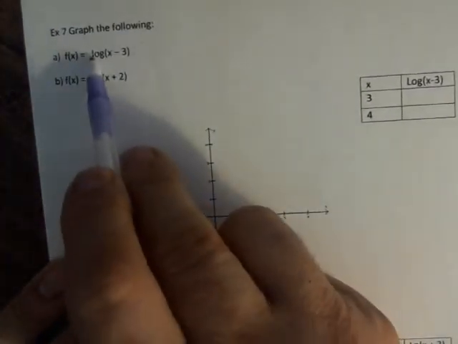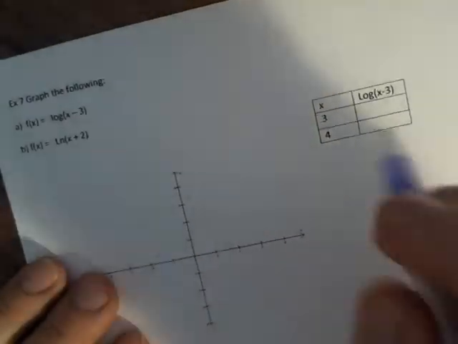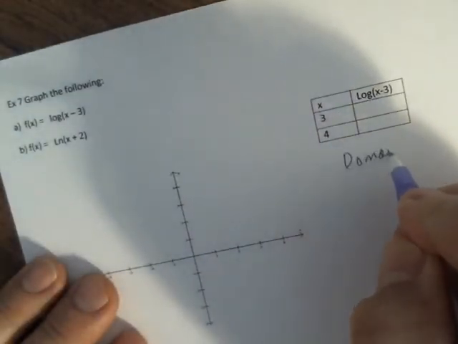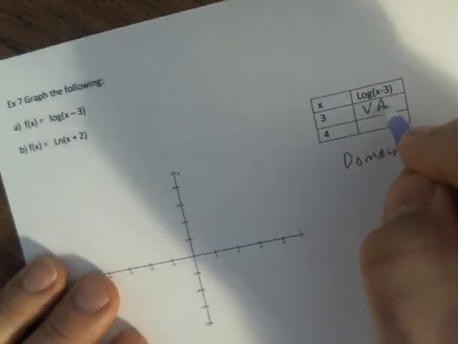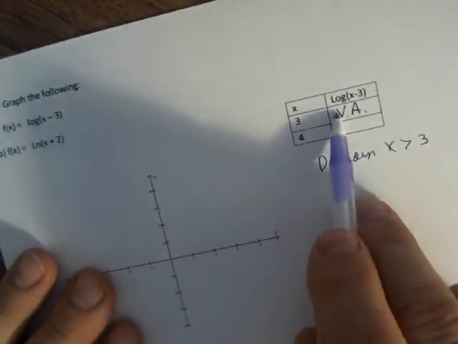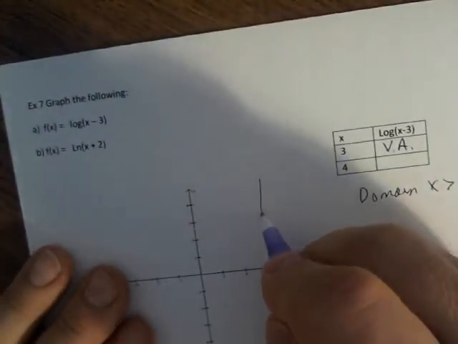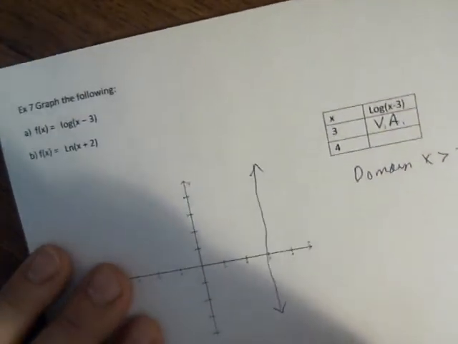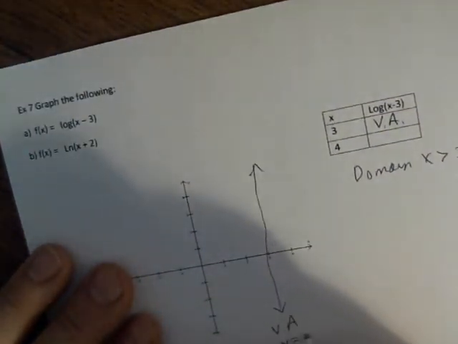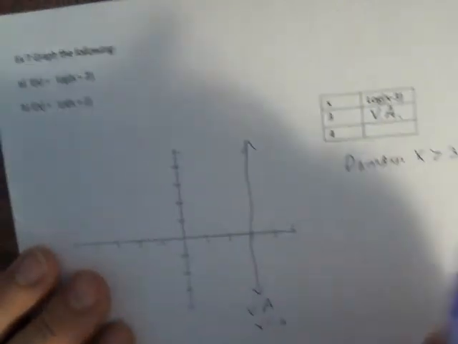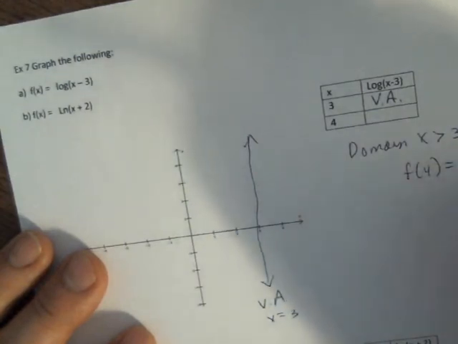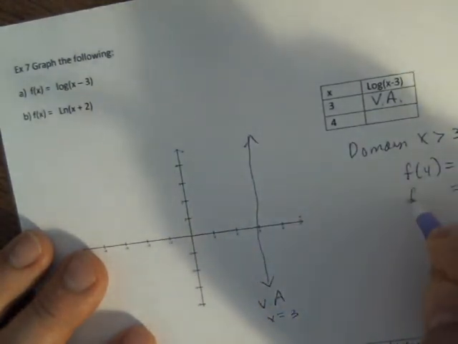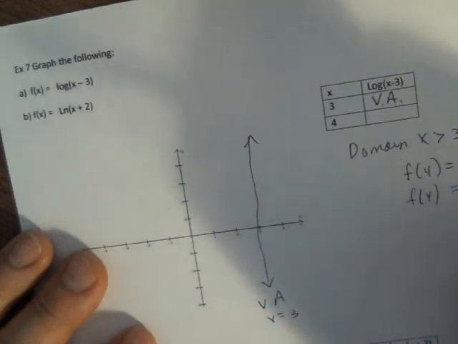So when you look at the log of x minus 3, my domain is x is greater than 3. So when x equals 3, that's my vertical asymptote. When x is 4, well, f of 4 is log of 4 minus 3, which is log 1.